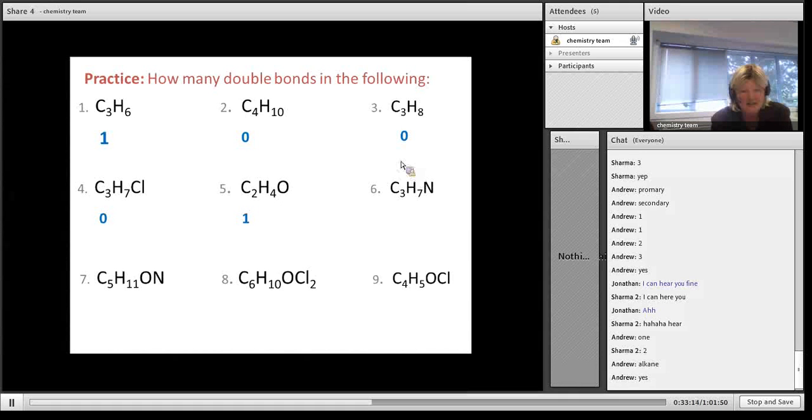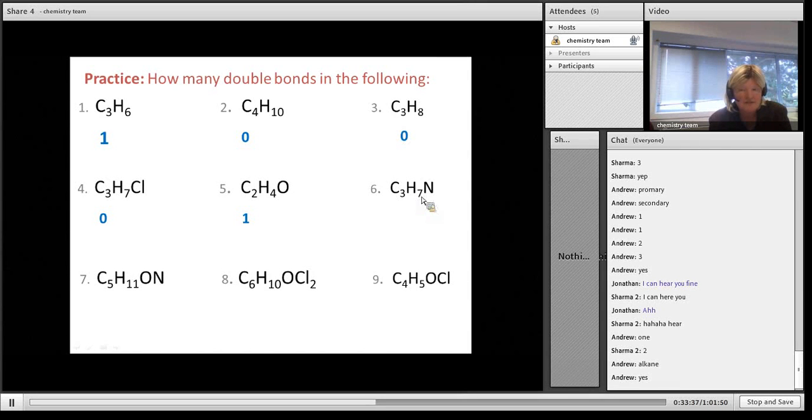Now here we've got a nitrogen. So nitrogen is a bit tricky because you've got to learn those other formulae. So you've got to think, is this double? I've got C3. So double 3 is 6. Now remember with the 6, that would have been straightforward 1 double bond.